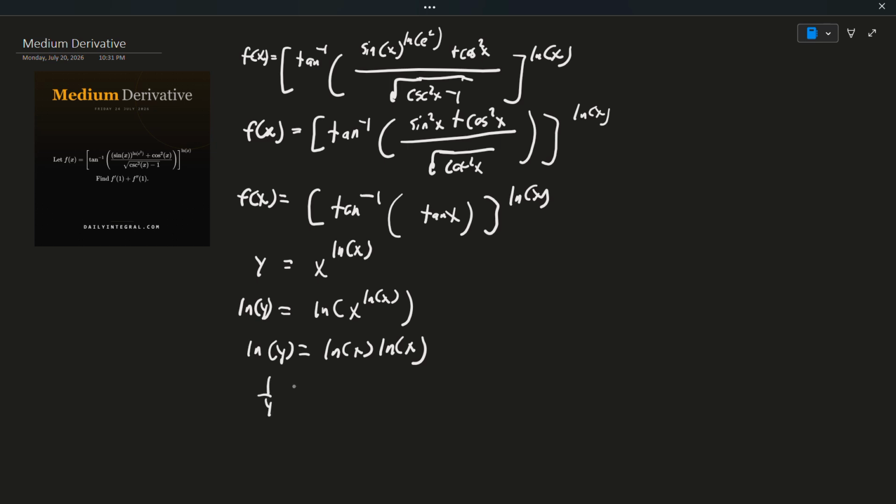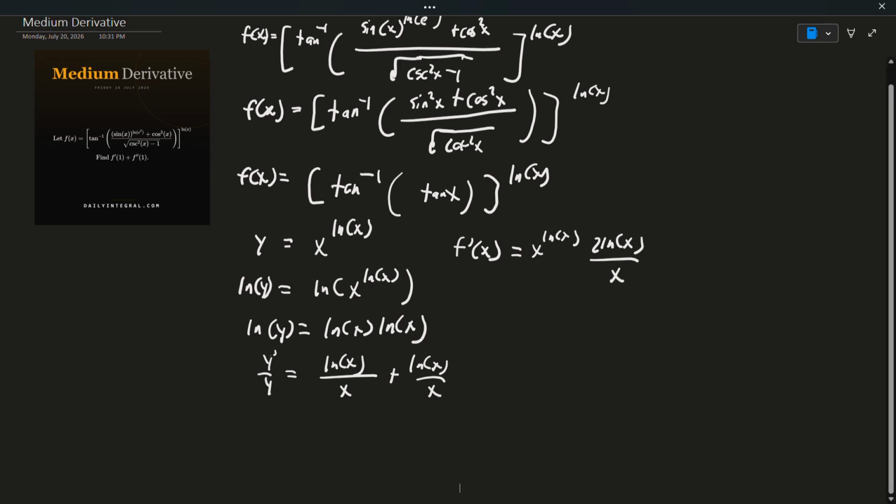So 1 over y times y prime, by using the product rule, you'll get ln of x over x plus ln of x over x. So y prime, or I'm going to rewrite it as f prime of x for now, will equal y, which is x to the ln of x, times 2 ln of x all over x.